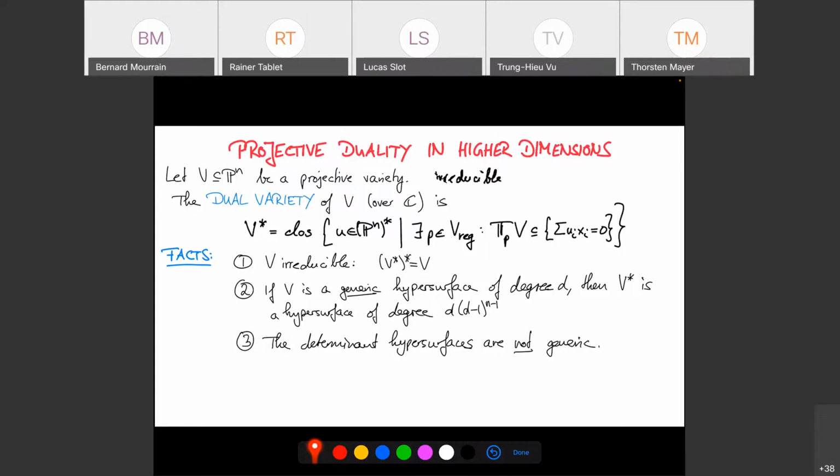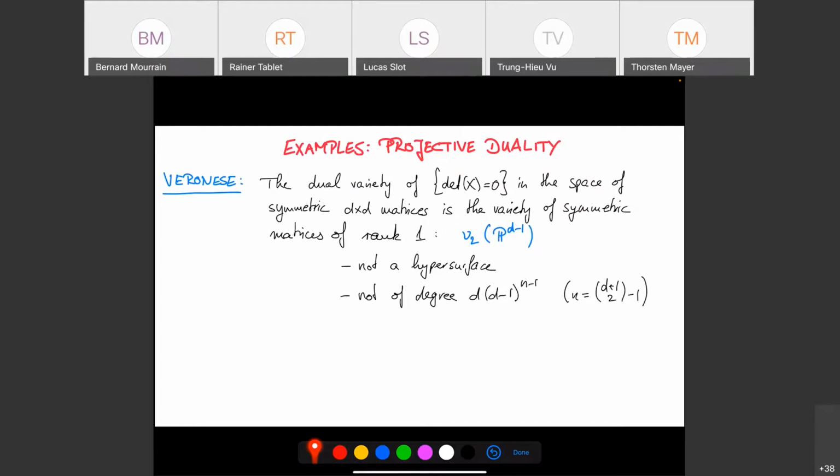But the things we care about, like hyperbolic polynomials or even better determinants of linear matrices, tend to be very, very non-generic. So these formulas don't apply in the cases that we care about. For example, take the set of all matrices that are singular in the space of symmetric d by d matrices.